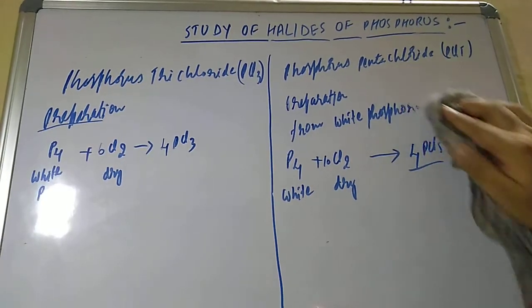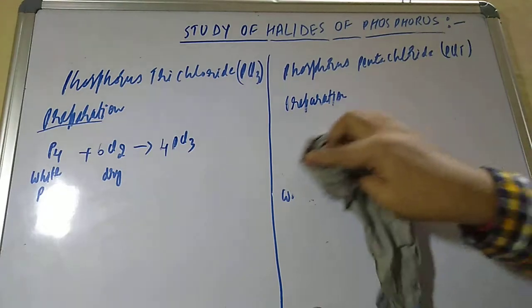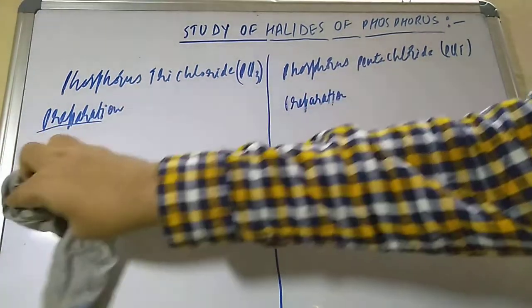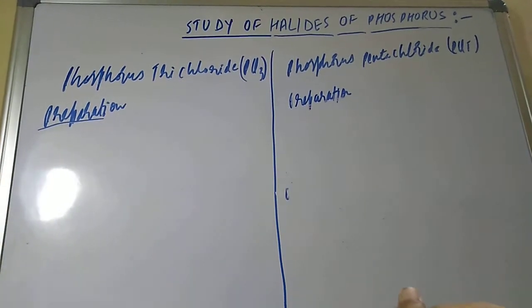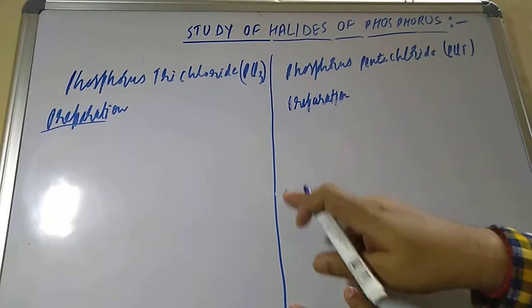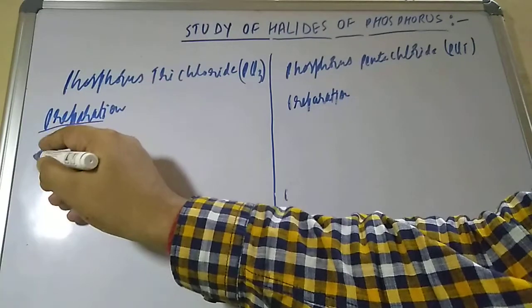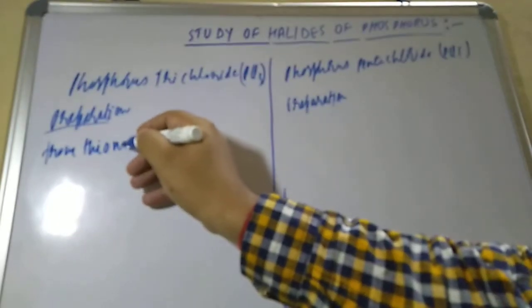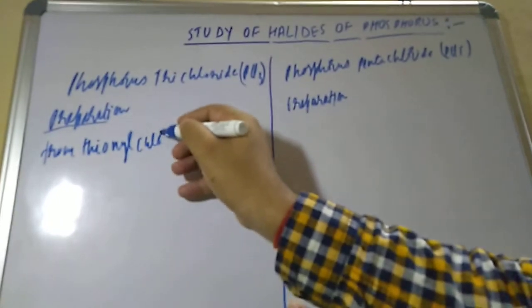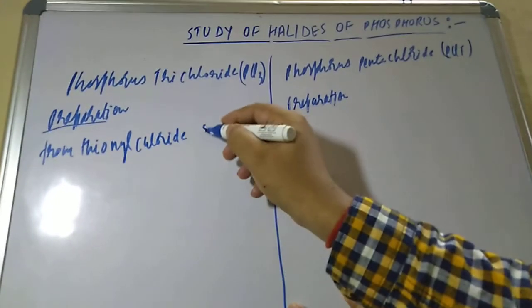Now what is the second method of preparation? It can also be prepared from thionyl chloride and from sulfuryl chloride. This one is from thionyl chloride. What is thionyl chloride?